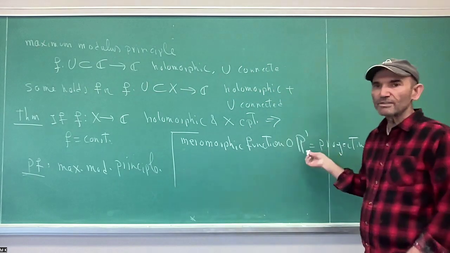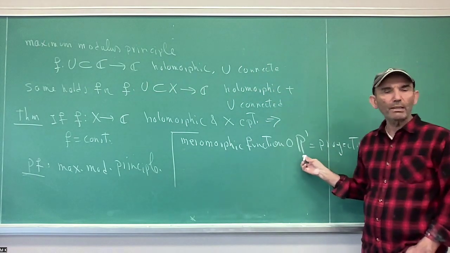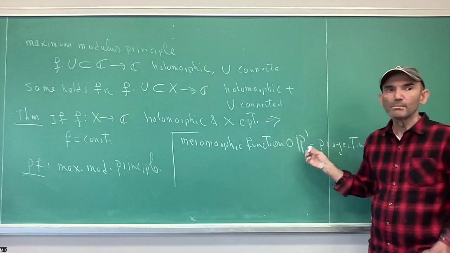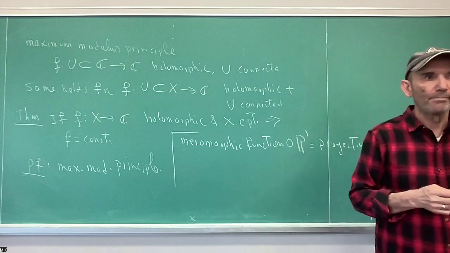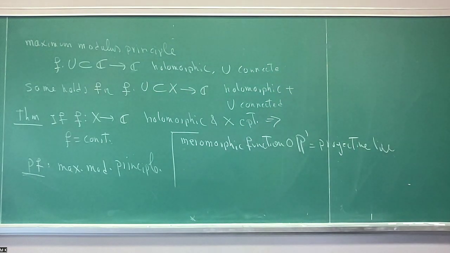Do you remember how we defined P1, the projective line? We defined it as the set of one-dimensional subspaces of C2, or basically C2 take away 0 divided by C star as equivalence classes.